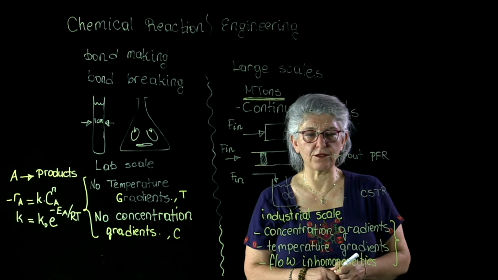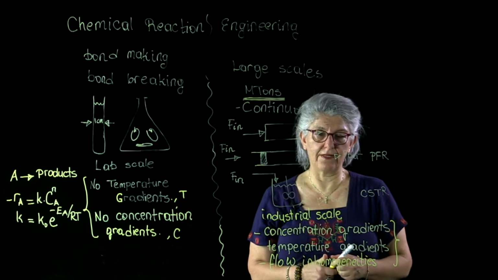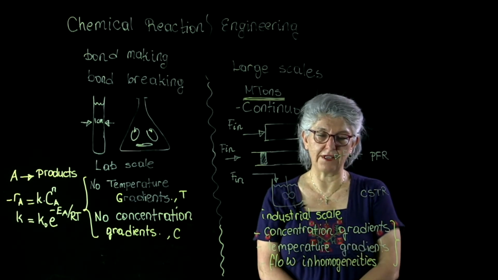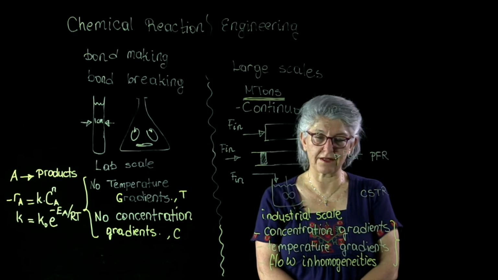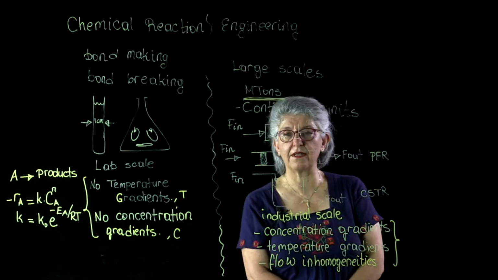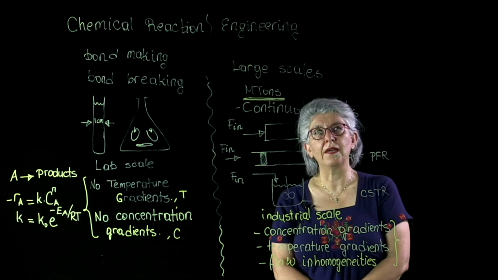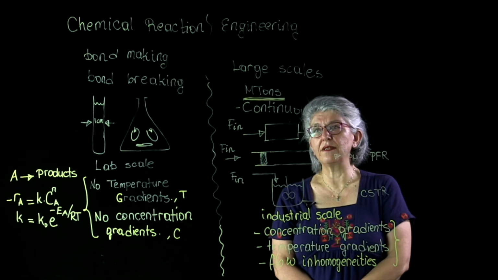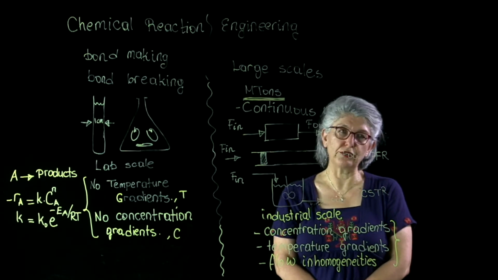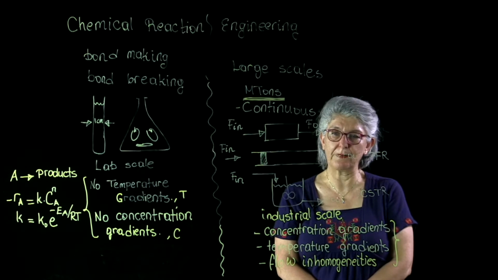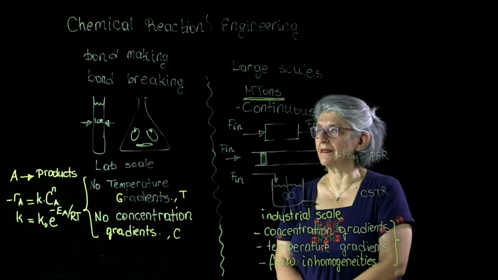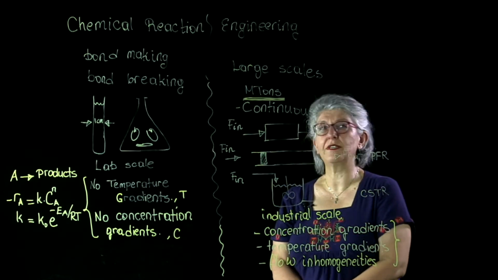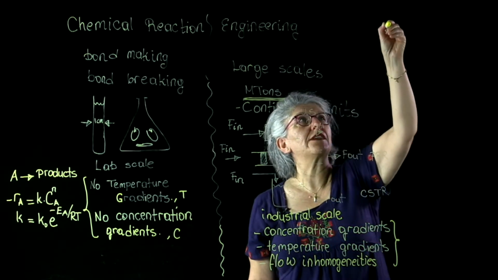Okay, let us continue with the problem of these gradients, concentration gradients, temperature gradients, and flow inhomogeneities. Every chemical engineering problem requires some solution of a conservation equation. In the chemical conversion problem, we solve the conservation of mass.